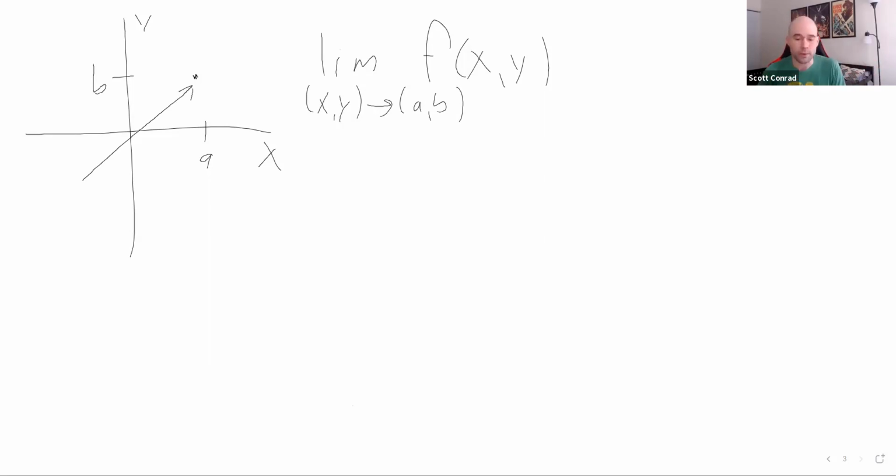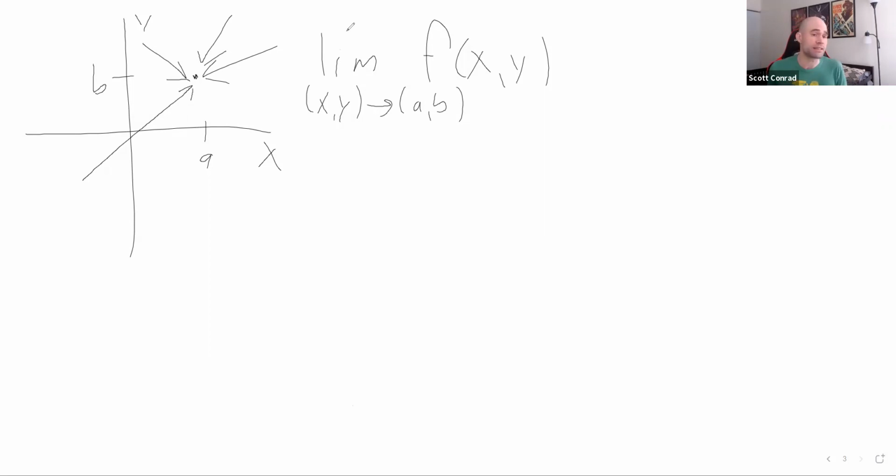We'll see how in a sec, we can take the limit along that path, and we can evaluate that. And then we can take a limit along, say, another path, or another path, and another path. So there are infinitely many ways we can approach that.